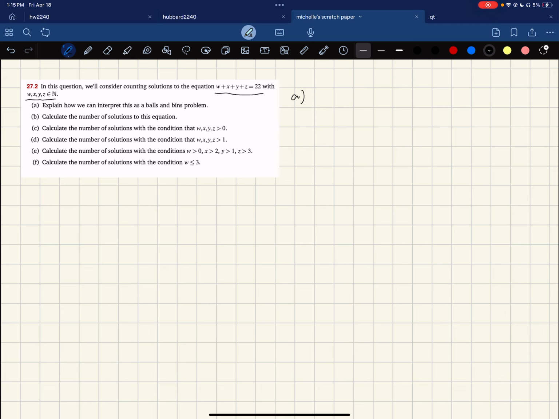This makes sense because we have 22 things we have to distribute into these four bins such that all 22 are given to them, so they sum up to 22.